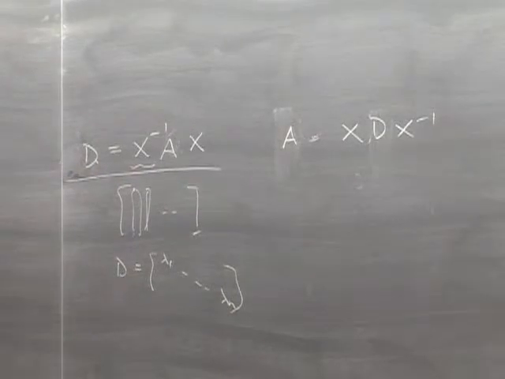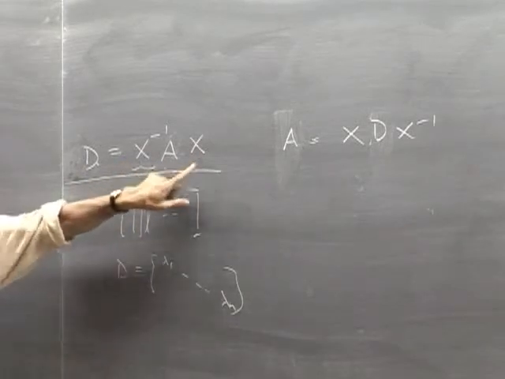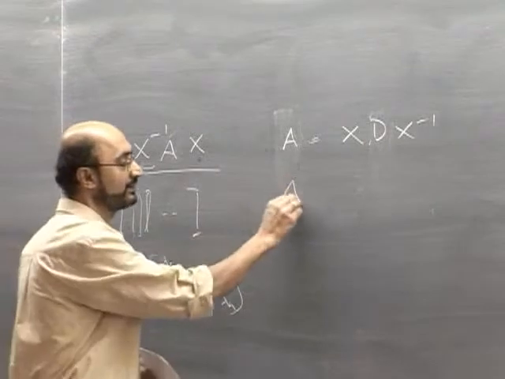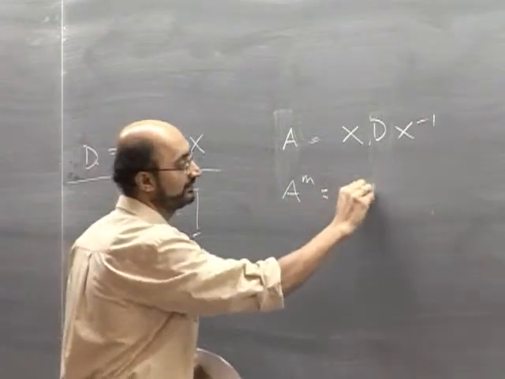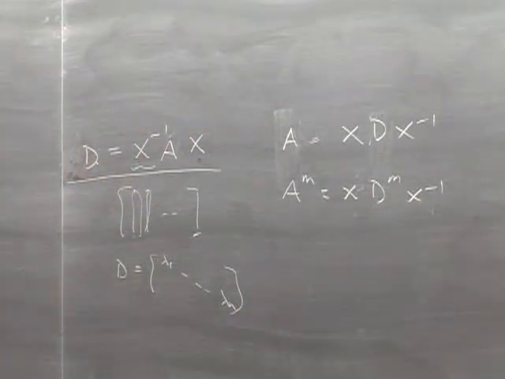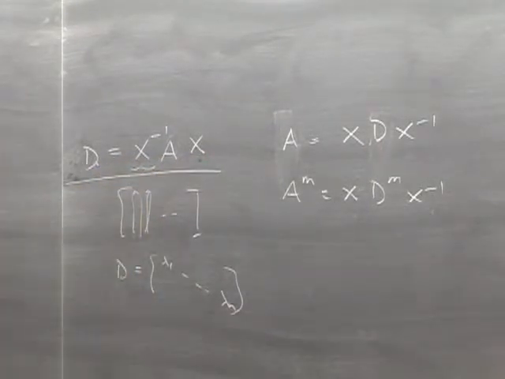Sorry about that. So D is defined as X inverse AX, where X is the matrix with the eigenvectors as the column vectors. Therefore A to the M is X, D to the M, X inverse, which is what we use for the computation of A to the M. Okay, so everybody okay with this? I keep forgetting the order, and I hope this is clear though. Any questions about this?